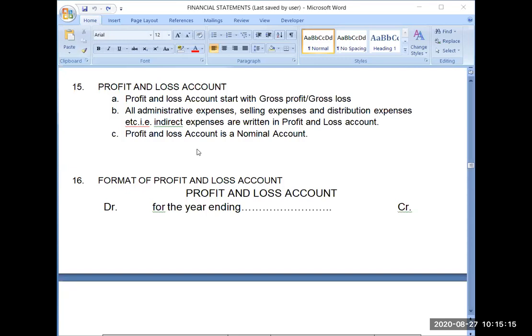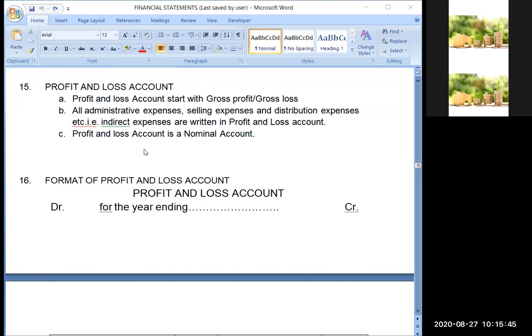Means the expenditure which you are doing in selling the goods, like advertisement you are doing for selling the goods, different media of advertisements you are adopting, or you are giving some commission for selling your goods, you are giving some discounts in selling your goods. That is known as selling expenses. Or distribution, like carriage outward. If you are distributing the goods to your customers, that cost will also be called indirect expense.